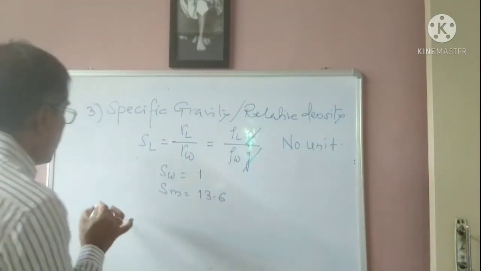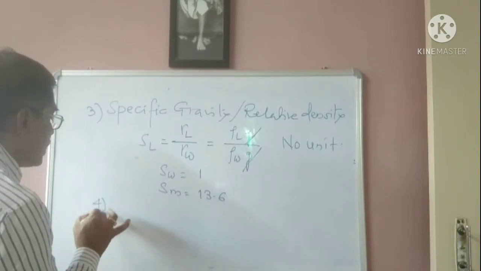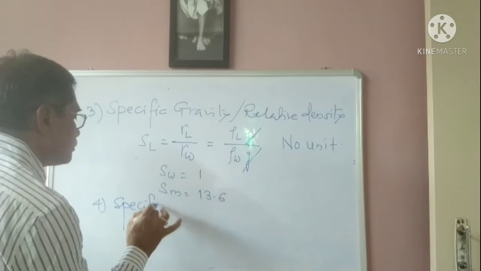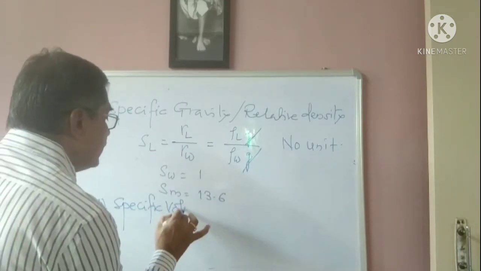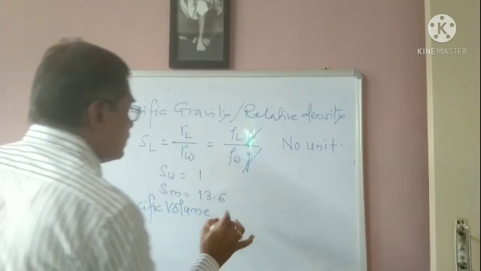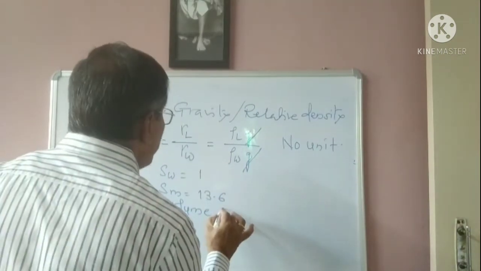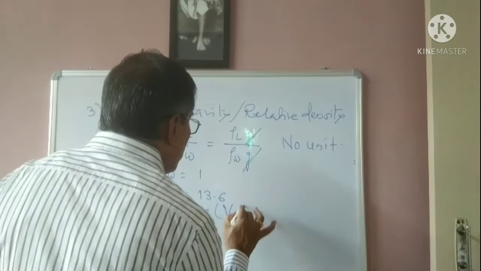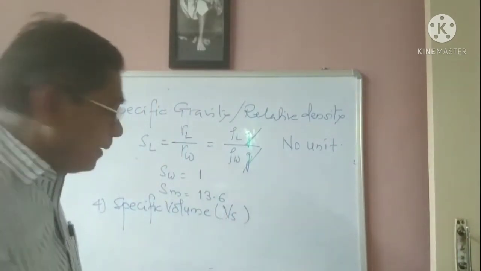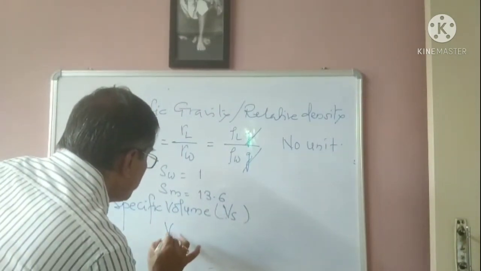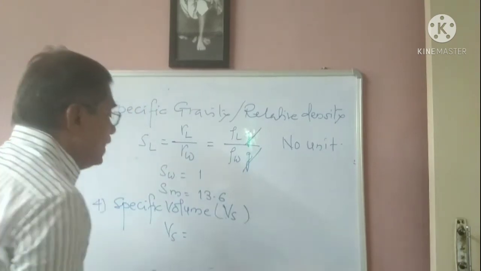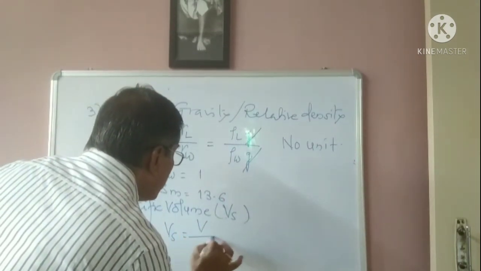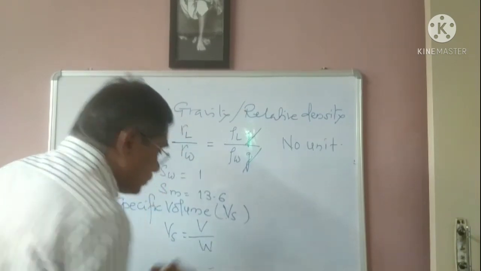Now the fourth property is specific volume. It is denoted as Vs. Okay. So this specific volume Vs is the volume per unit weight of fluid.